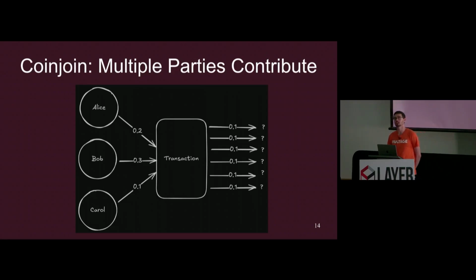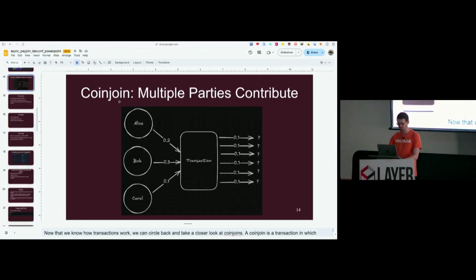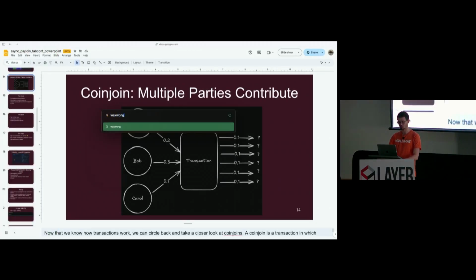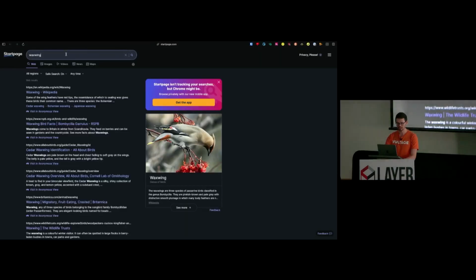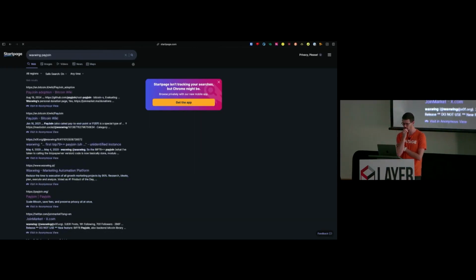It doesn't matter in the same way that it matters for Coinjoin. Payjoins are designed to not be easily identifiable, and this is probably just a mistake on my part that I didn't include that. But there are examples online, specifically if you look up Waxwing Payjoin, I believe he's done a lot of work on this.